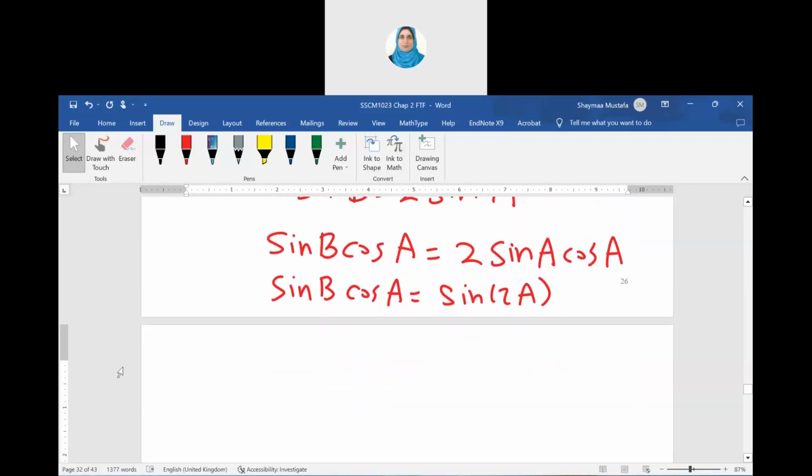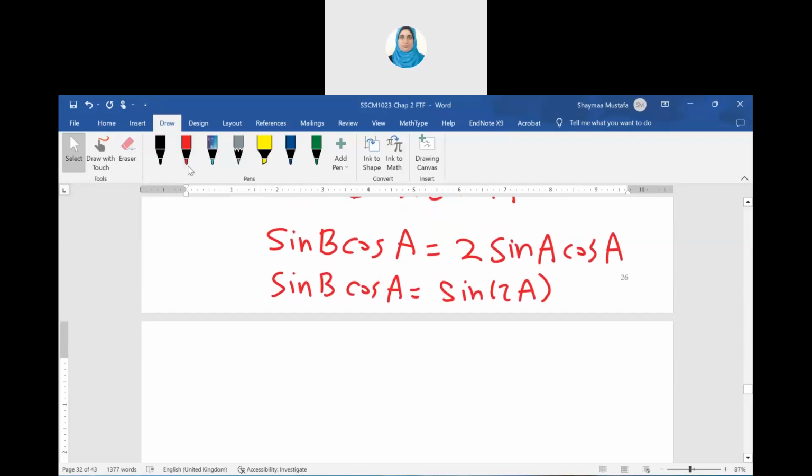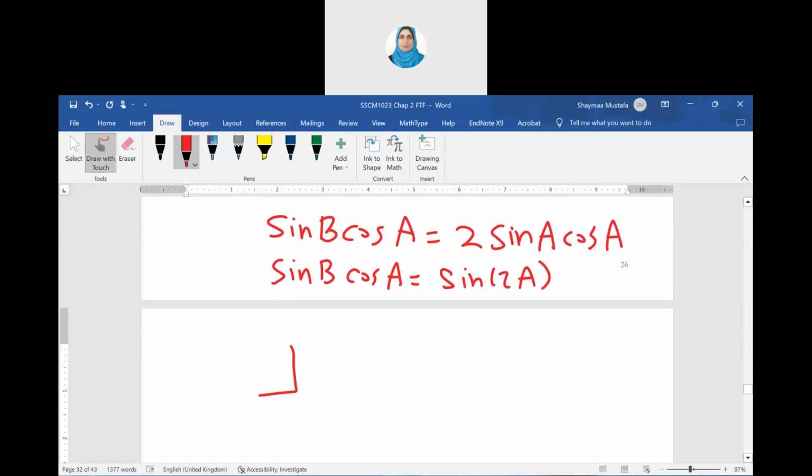With a triangle, yes. You have to go for a triangle for a. Sine a is equal to x, which means opposite over hypotenuse is x over 1.